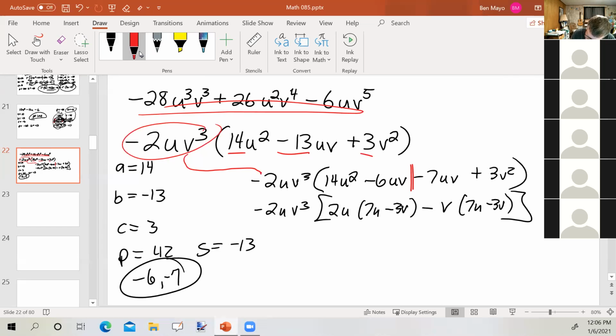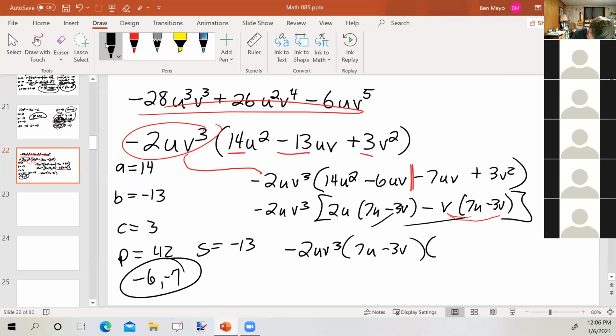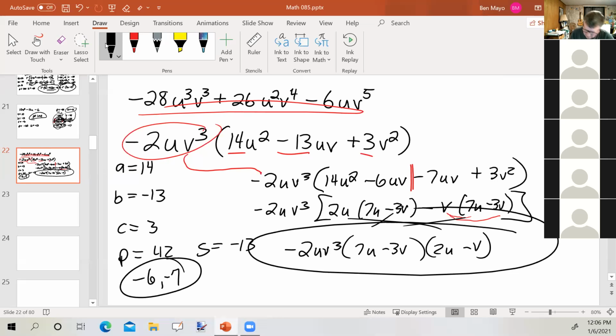Does that work? Let's see, that gives me minus 7uv plus 3v squared. Yep, that works. So now I've got negative 2u v cubed. I'm going to take out the 7u minus 3v and the 2u minus v. And there's our final answer.